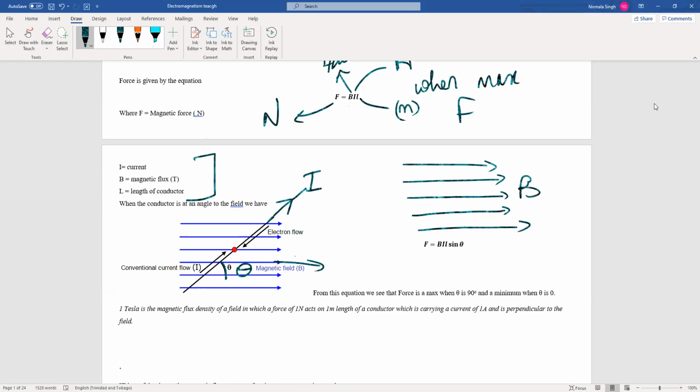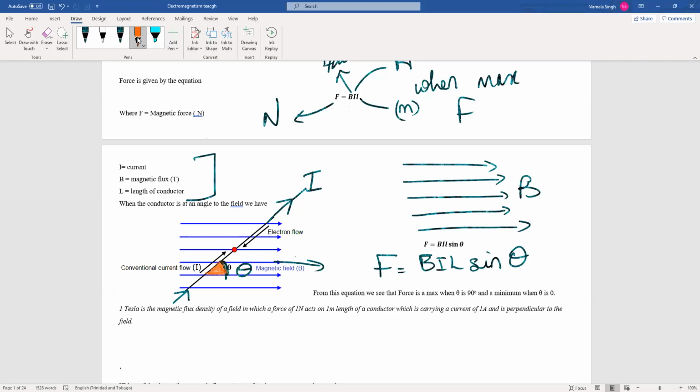So when your current carrying conductor acts at an angle, we have to take this angle into consideration. So we are going to get force is equal to BIL sine theta, where theta is the angle your wire makes with the magnetic field. So here you cannot say the horizontal.